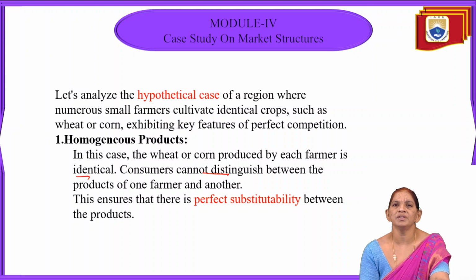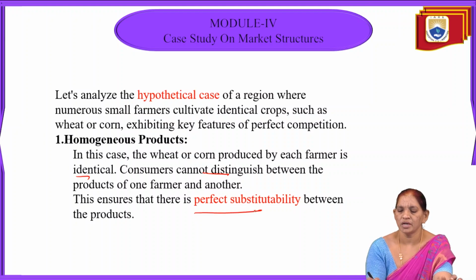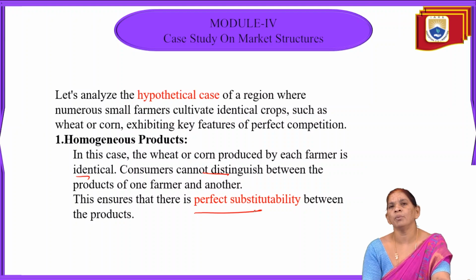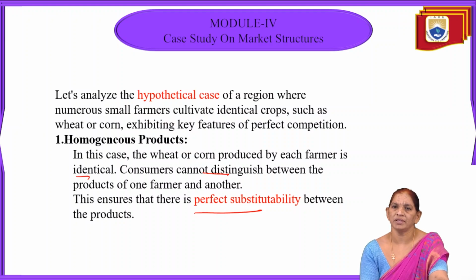There is no differentiation when it is produced in a certain region. So this ensures perfect substitutability between the products, whether X farmer's product or Y farmer's product, any one can be sold in the market.